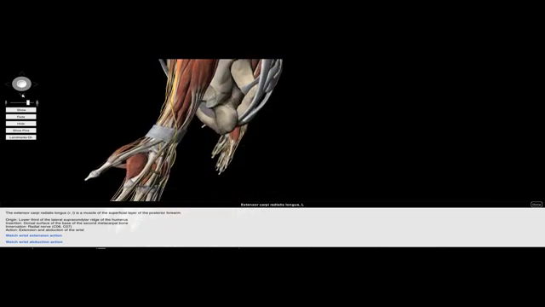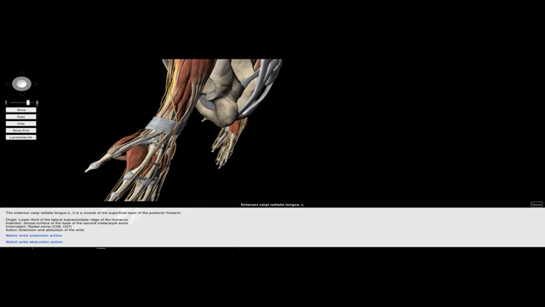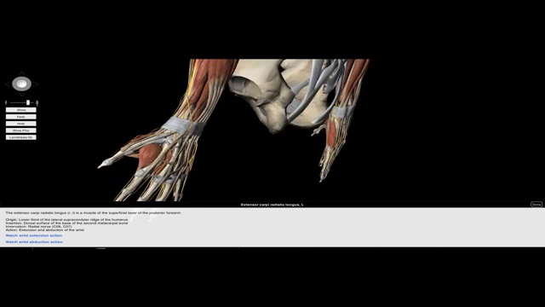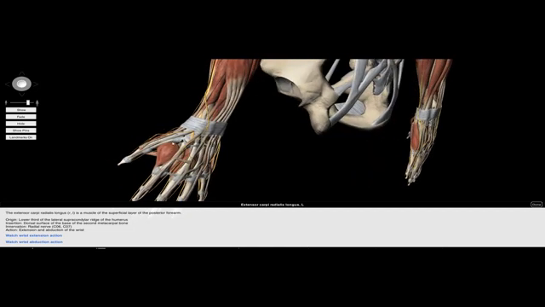As I come down, we can see that it inserts into the base of the second metacarpal. It's innervated by the radial nerve, and it extends and abducts the wrist. So it works in conjunction with the flexor carpi radialis for radial deviation, in addition to wrist extension.